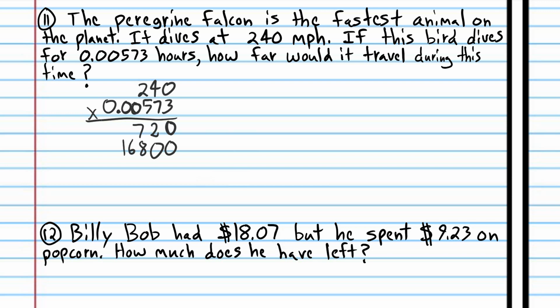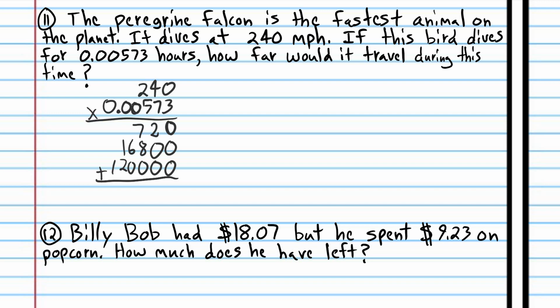So now we're done multiplying the 7. Now we put 2 placeholder zeros, and now we go on to the 5. 5 times 0 is 0, 5 times 4 is 20, carry the 2, 5 times 2 is 10, plus 2 is 12. And now we're ready because we multiplied all those numbers. And you don't have to multiply these zeros. You can do that, but you're just going to get rows of zeros, which are unnecessary.